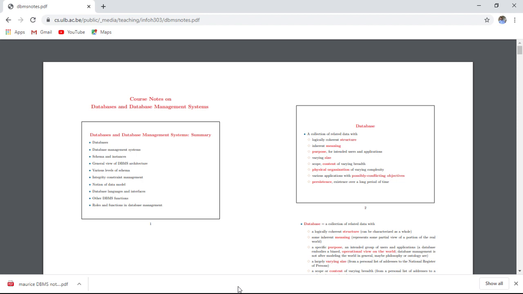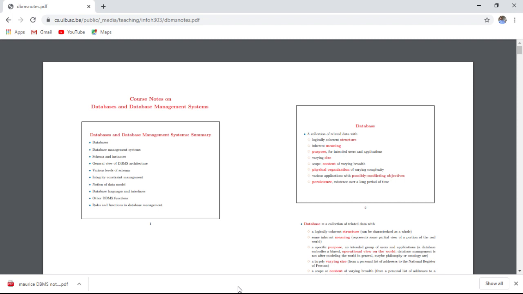We are going to know the various levels of schema, integrity constraints management, notions of data models, database languages and interfaces, other database management systems functions, and also the roles and functions of database management. All right, that is what we are going to do.